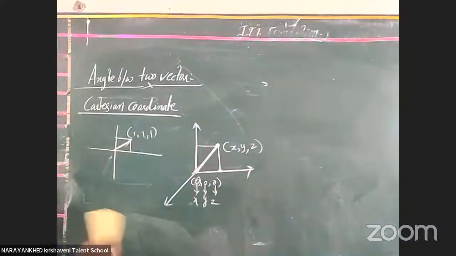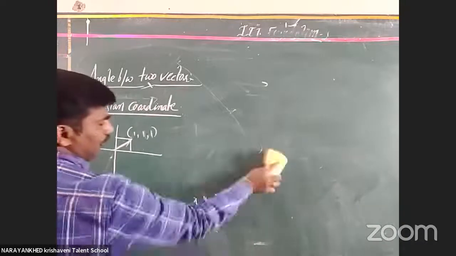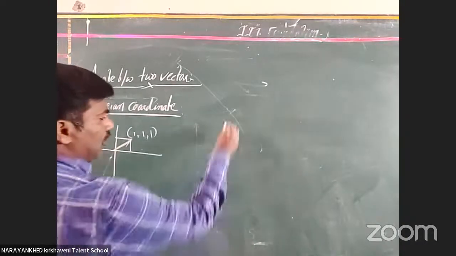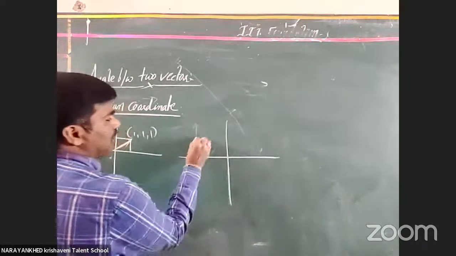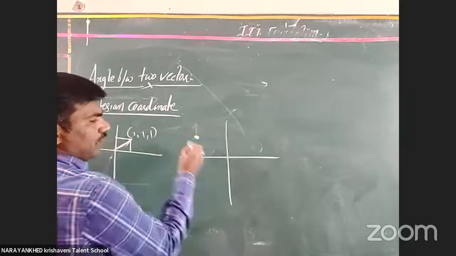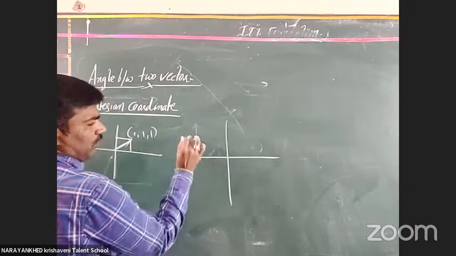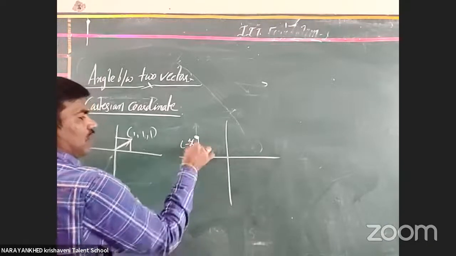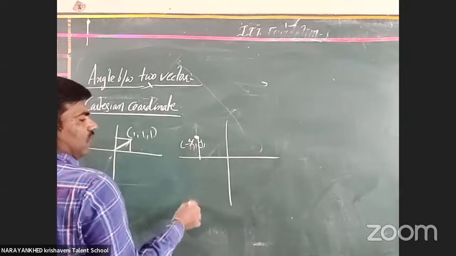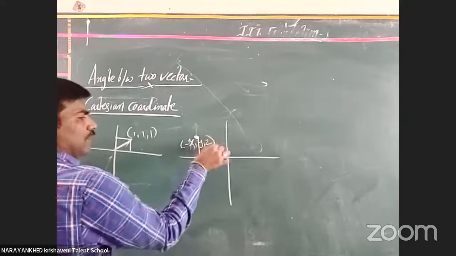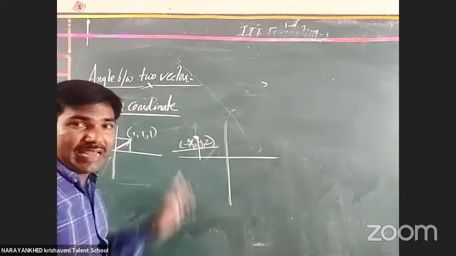Suppose I have taken the point on the x-axis at this particular position. At that time it is a minus x component, and it is a positive y-axis. The z-axis may be positive only.